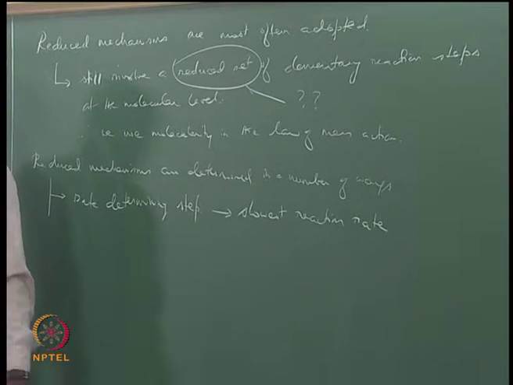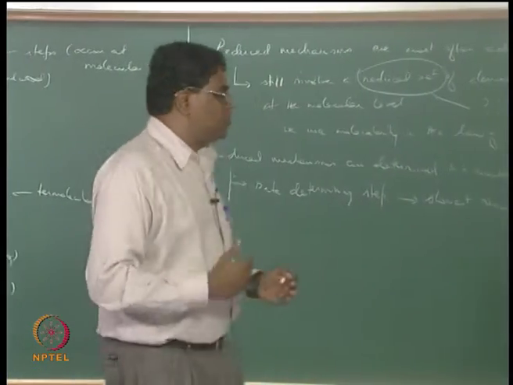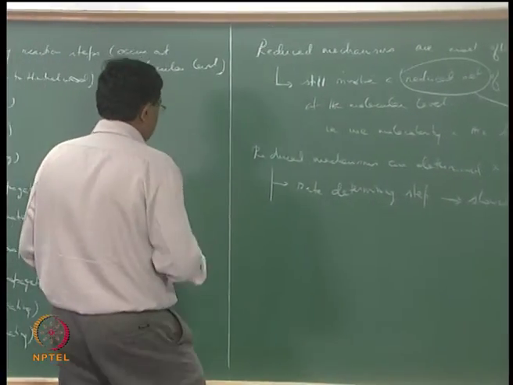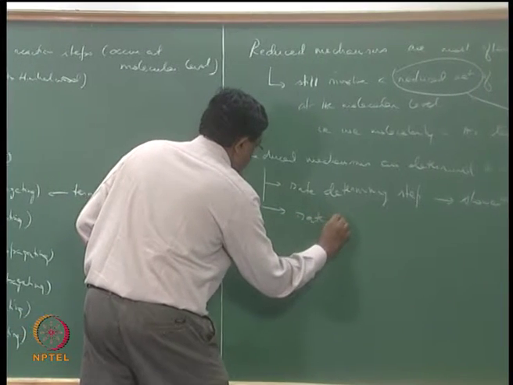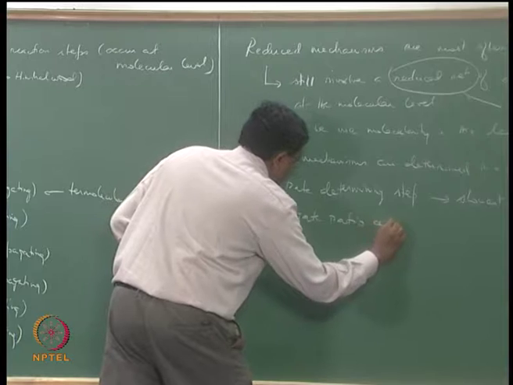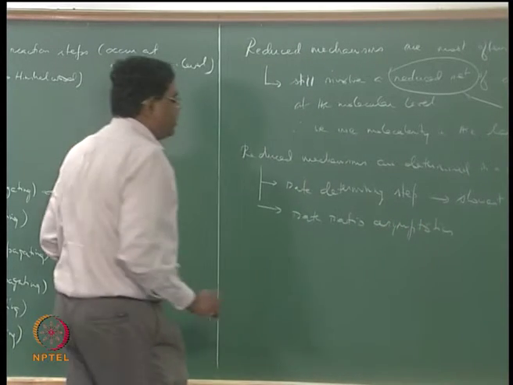So you could also pick these reduced mechanism reactions based on the reaction rates, and a much more sophisticated way of doing these things is called rate ratio asymptotics.